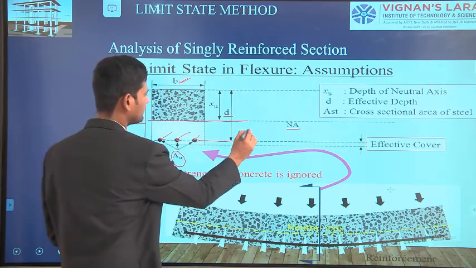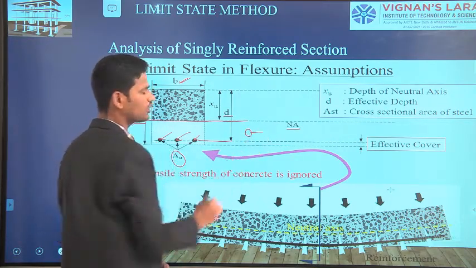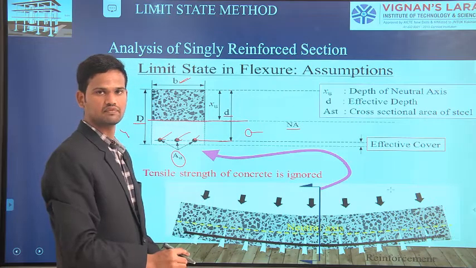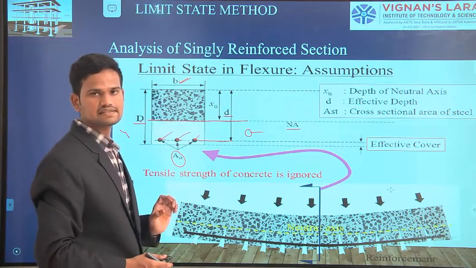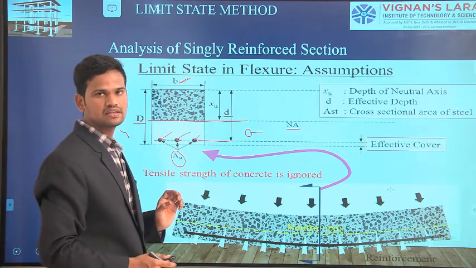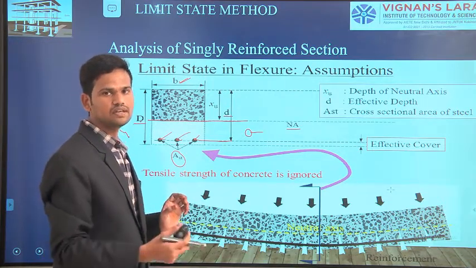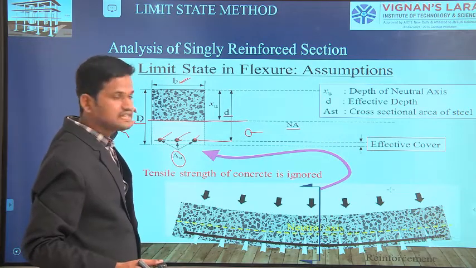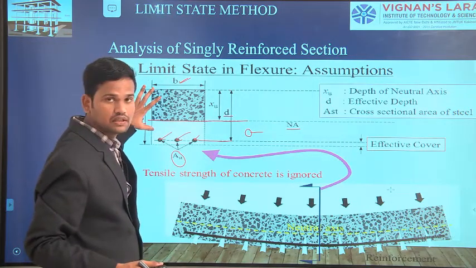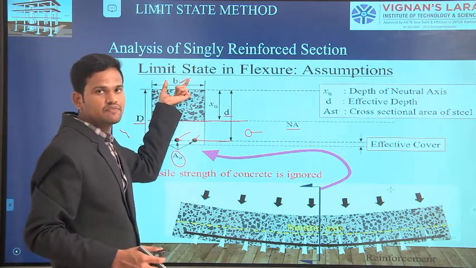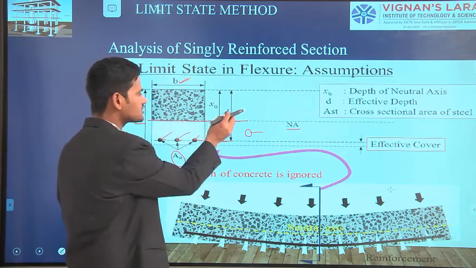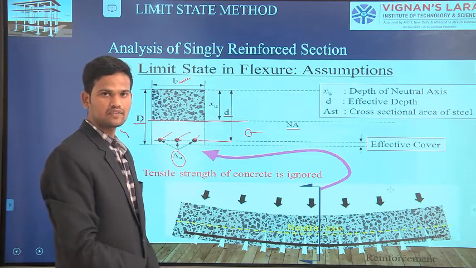That means this is the centroidal distance, the centroid of the steel bar, and small d is called the effective depth of the member, where capital D is the total depth of the member, small b is the width of the member, whereas small d is the effective depth of the member.